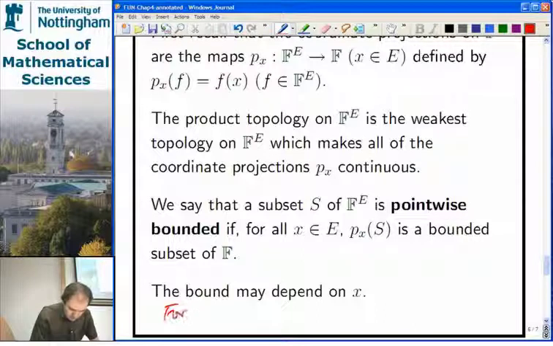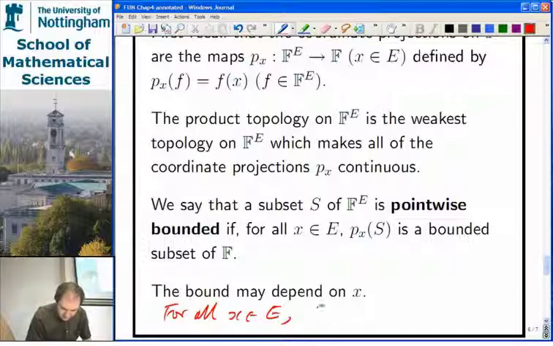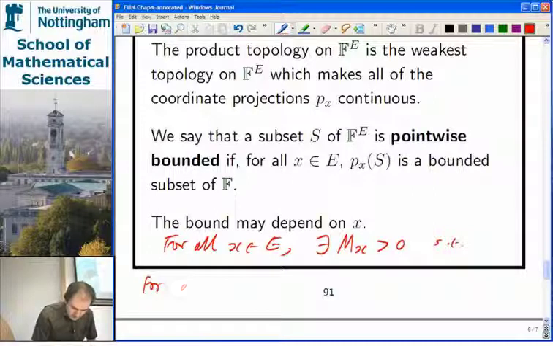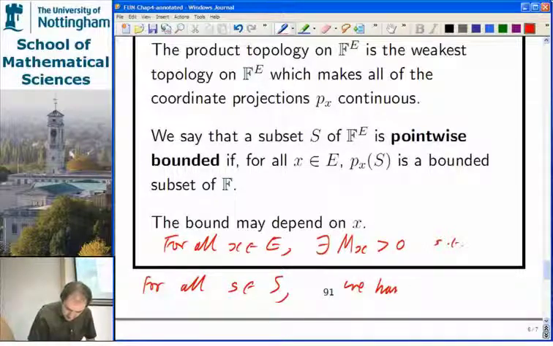So that's: for all x in E, there exists a constant Mx greater than 0, so that for all s in S, we have modulus of Px of s is smaller or equal to this constant depending on x.